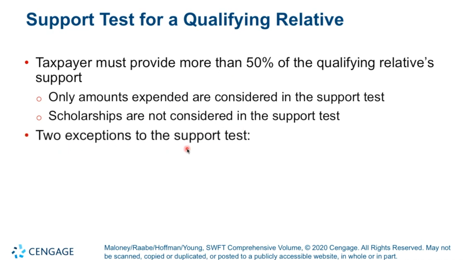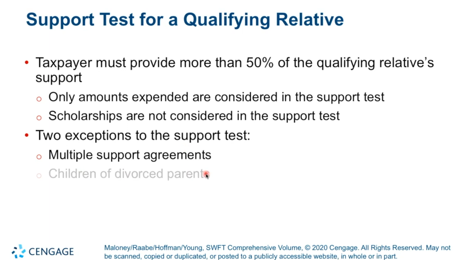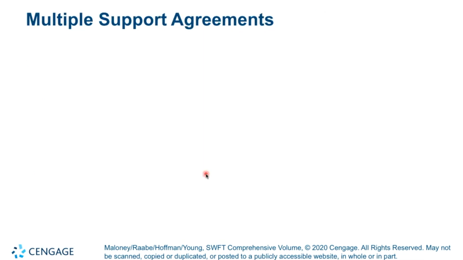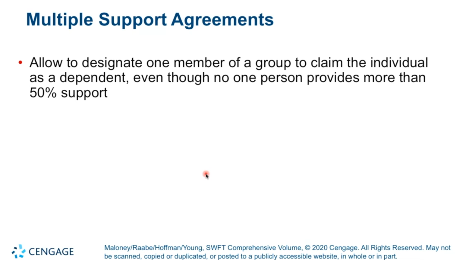There are two exceptions to the support test. The first is multiple support agreements, and this often comes down to divorced parents and children of divorced parents. Multiple support agreements are specific legal agreements that allow a group to designate one member to claim the individual as a dependent, even though no one person provides more than 50% of the support.